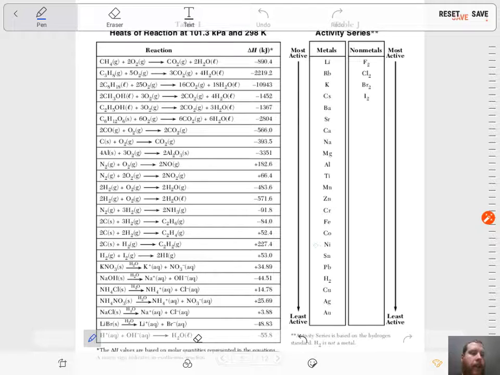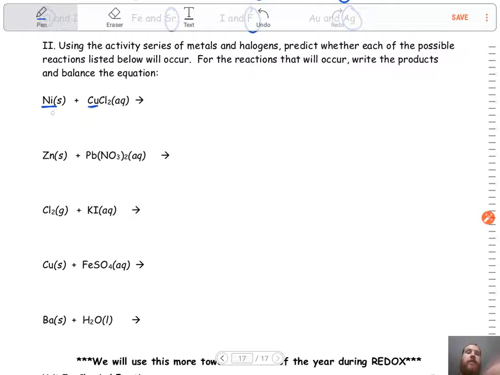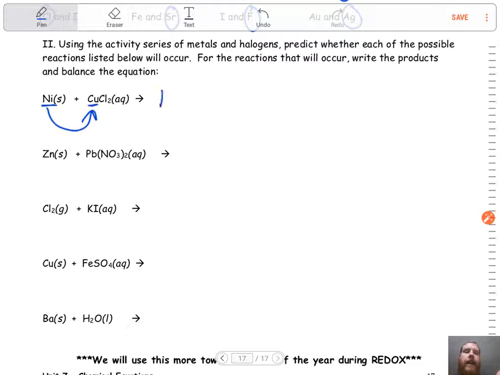I see, okay, here's nickel and here's copper. So ask yourself, is nickel more active than copper? Absolutely it is, because it's higher up on the list. That means this reaction that we have right here is going to take place. Nickel is going to come in and kick out copper, so we have a new compound that's going to form. It's going to be nickel chloride, nickel 2 chloride, plus copper.